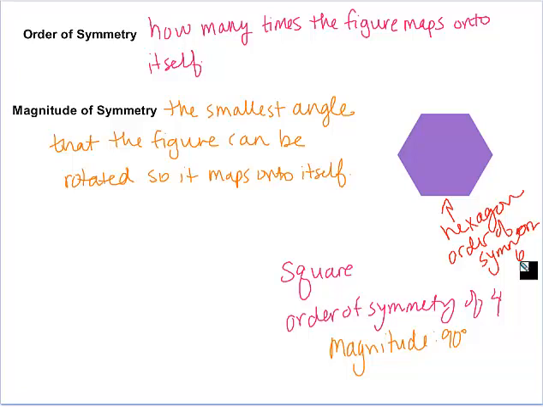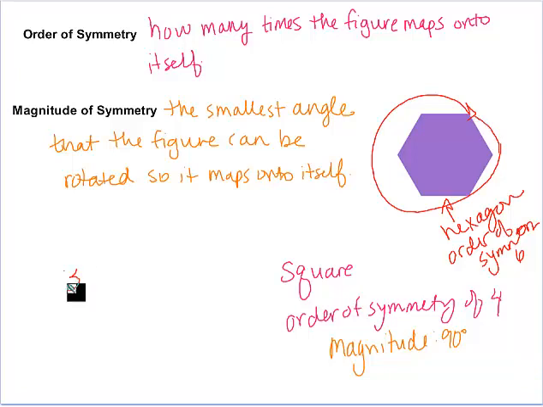Okay? Now how do we figure out the magnitude? Well, it was a little bit easier for us to do the magnitude of the square. So now when we do the magnitude of a hexagon, we just need to think, okay, how many degrees are there when we go all the way around in a circle? There are 360 degrees.